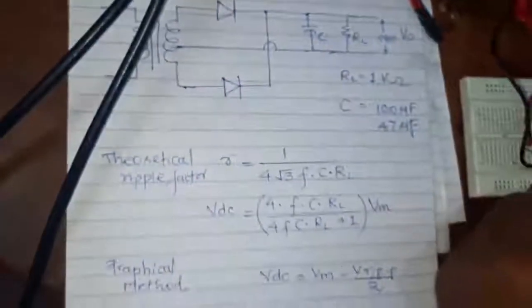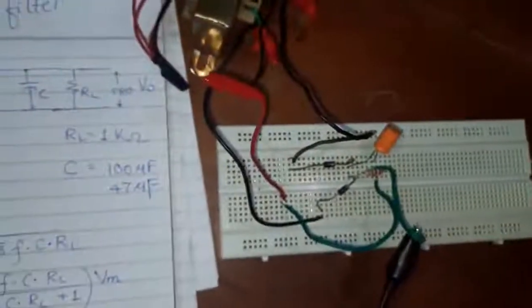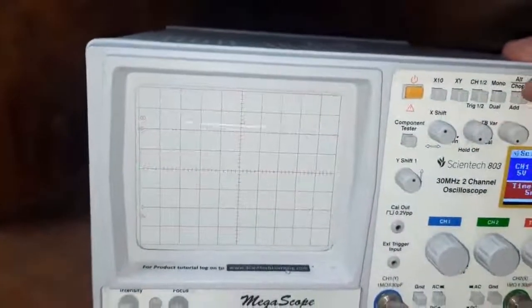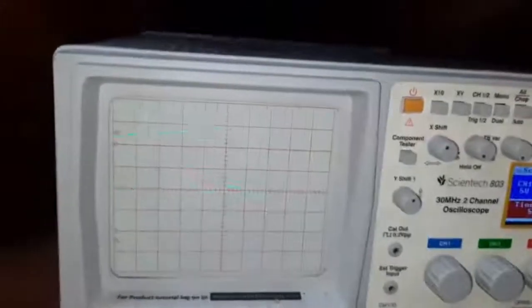I'll connect the CRO and connect this to ground. Then you can see here you are getting a proper filtered output.